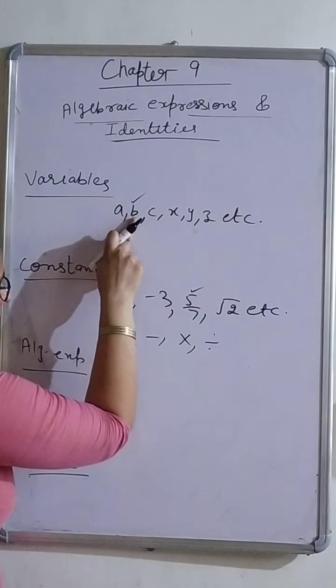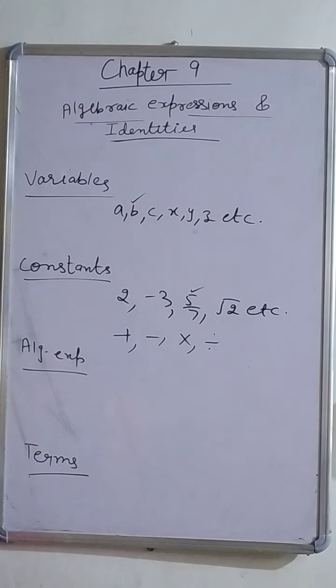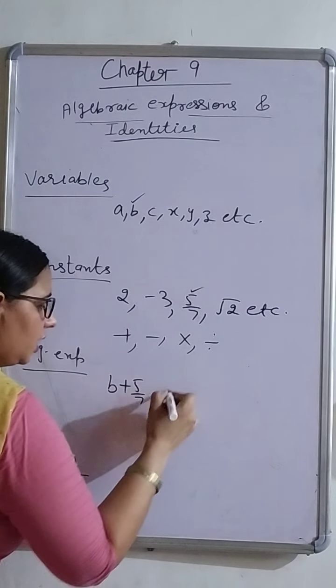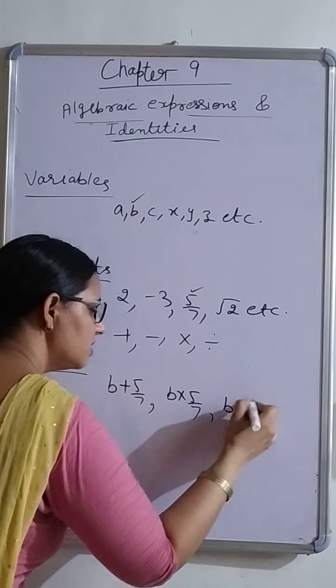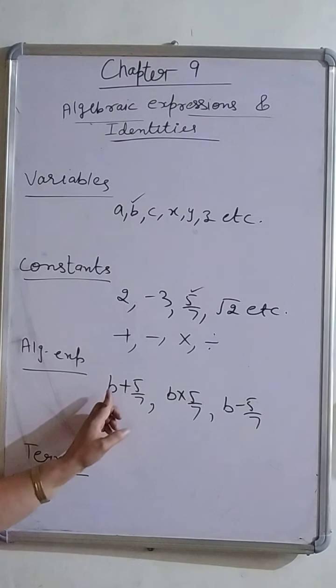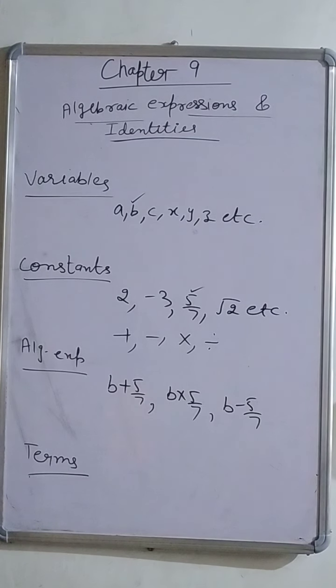If we combine b and 5 by 7 with any of these signs, then we get an expression. We can write b plus 5 by 7, b into 5 by 7, b minus 5 by 7. These all are algebraic expressions because they are combinations of variables and constants. Clear?